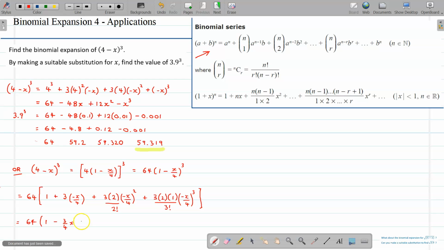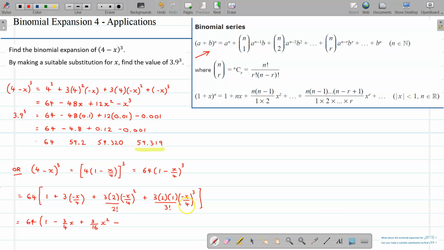So I've got plus, because it's minus times minus, 3 over 16 of x squared.